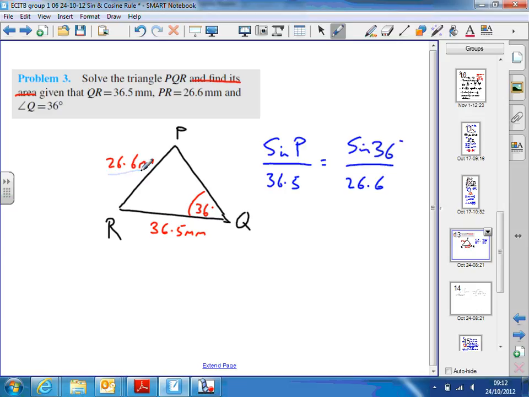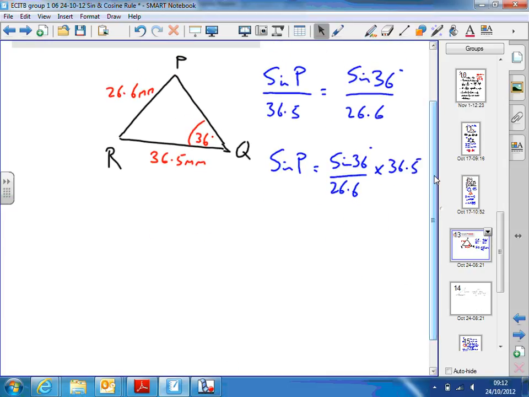Then multiply both sides by 36.5, so sine P equals sine 36 over 26.6 times 36.5. Once you've found angle P, we'll stop at that point, because you could carry on and work out the rest.